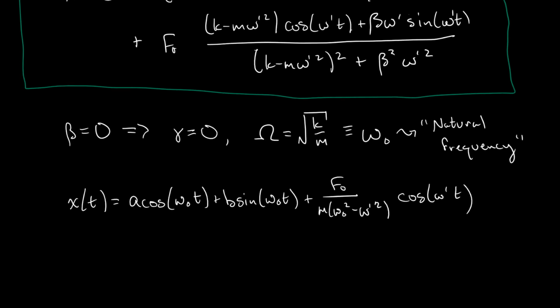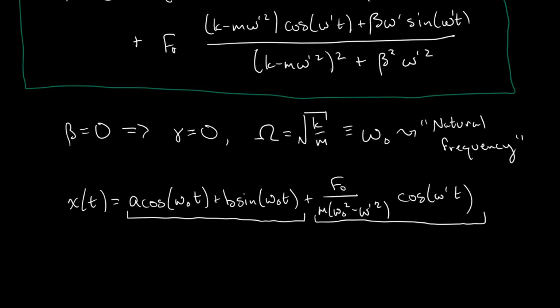So in this case, where we have no damping, we see a competition between the natural frequency, the oscillation that the system wants to go at if there was no force, and some interfering, competing oscillations going at omega prime, which come from this forcing function.